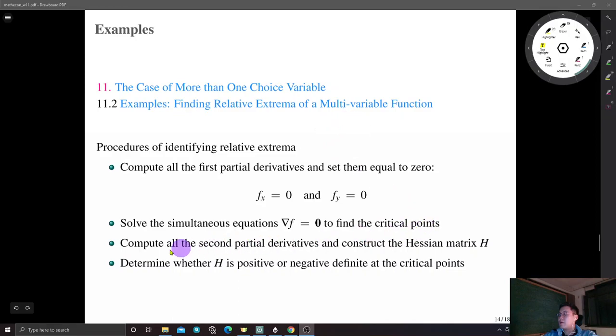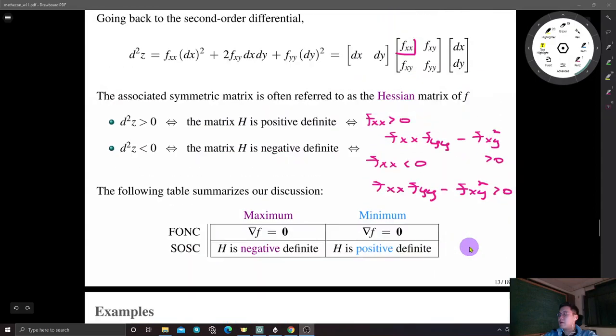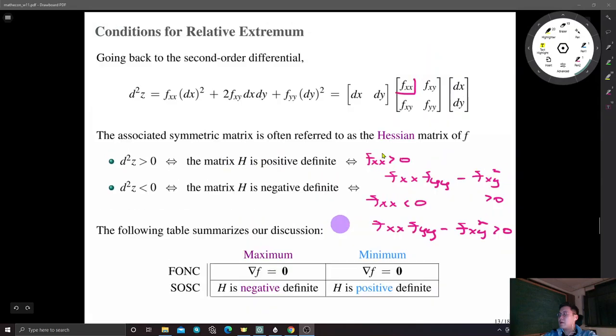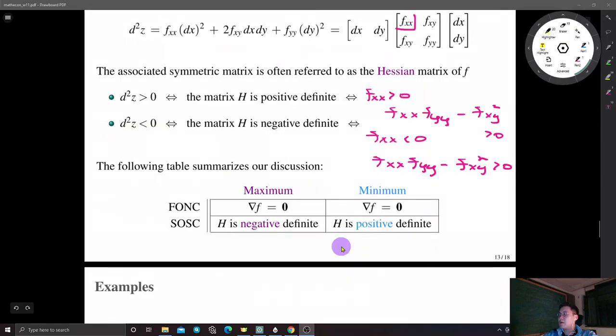And the third step is we compute all second partial derivatives and then construct the Hessian matrix. For this Hessian matrix, compute f of xx and f of xy. We don't have to compute f of yx; that is always going to be the same as f of xy. So we have to compute three second partial derivatives and then construct the Hessian matrix.